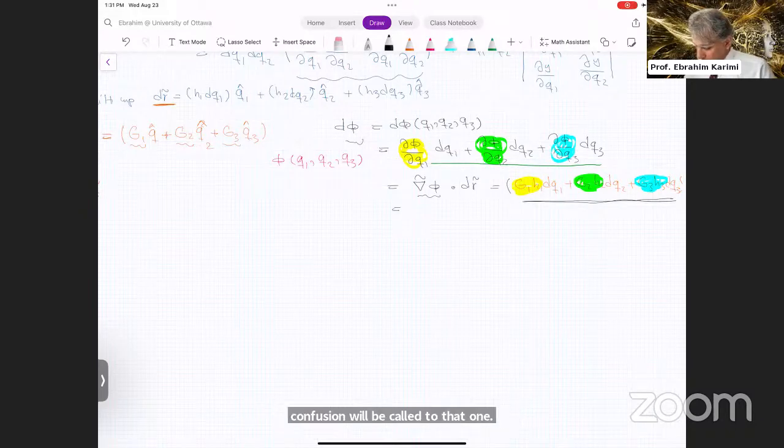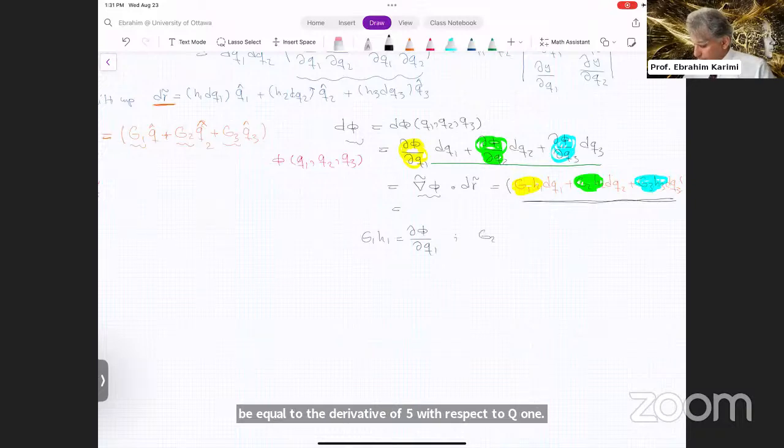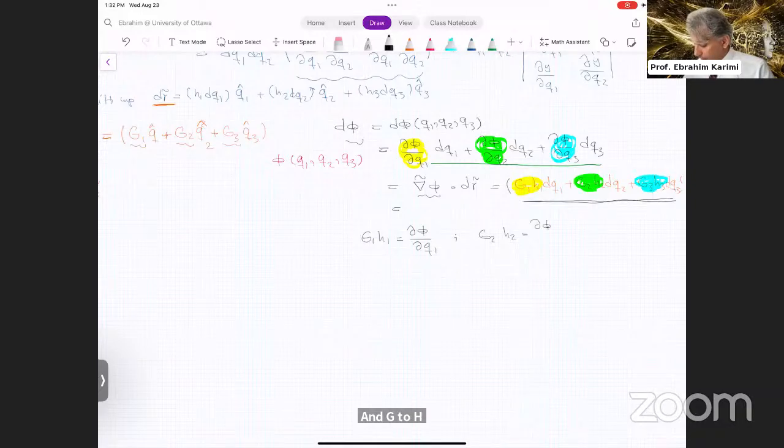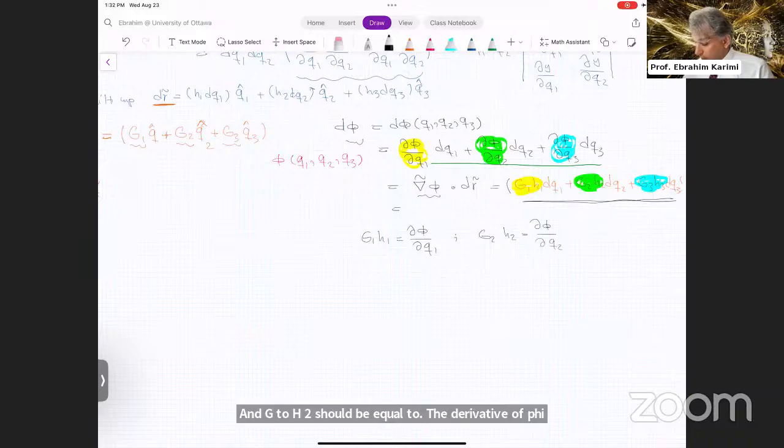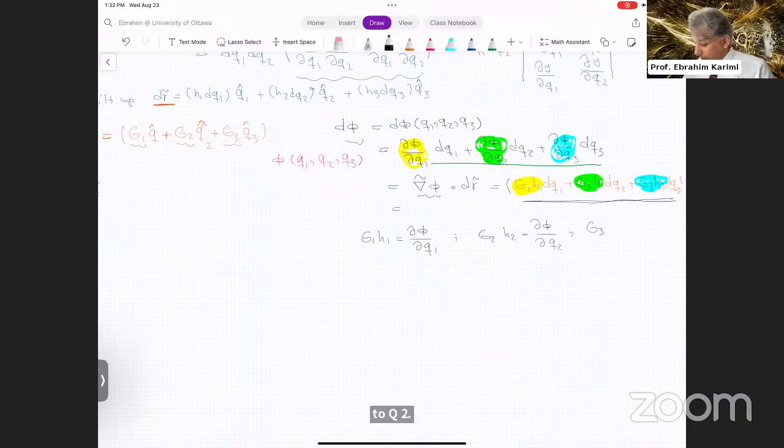So G1 H1 should be equal to the derivative of phi with respect to Q1, G2 H2 should be equal to the derivative of phi with respect to Q2, and G3 H3 should be equal to the derivative of phi with respect to Q3.